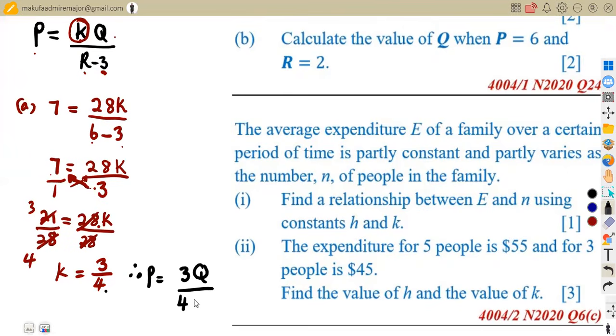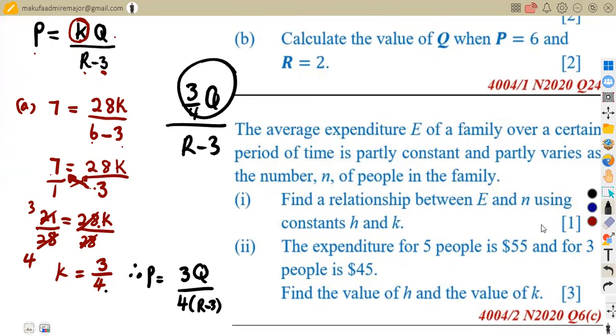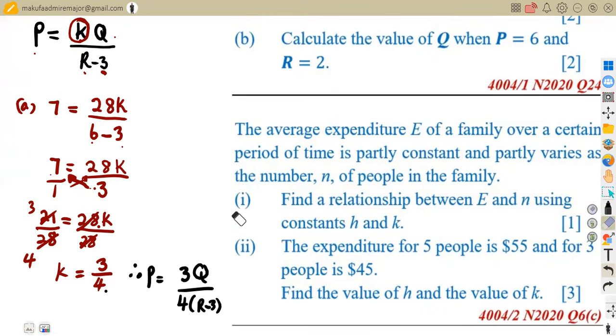So it's going to be 4 into R minus 3. Because we are supposed to have it as 3 over 4Q like this into R minus 3, we can't have a fraction like this, like I explained before. So the numerator affects the numerator, the denominator affects what is in the denominator. That is how you deal with that type of question.